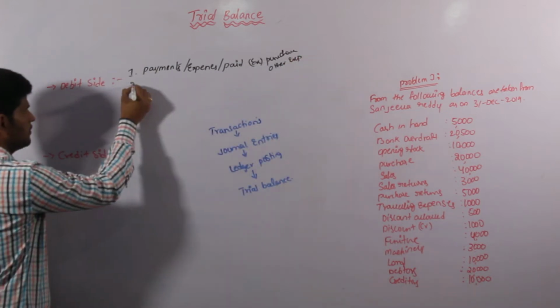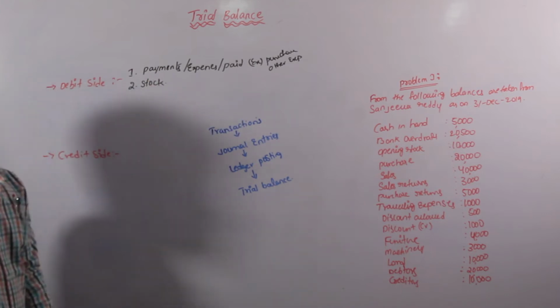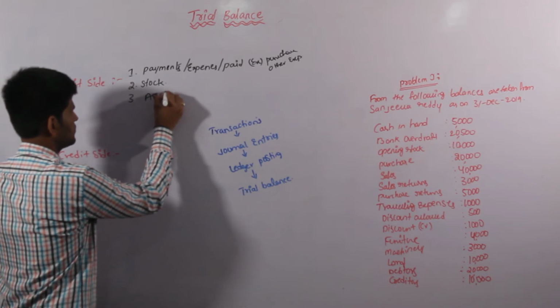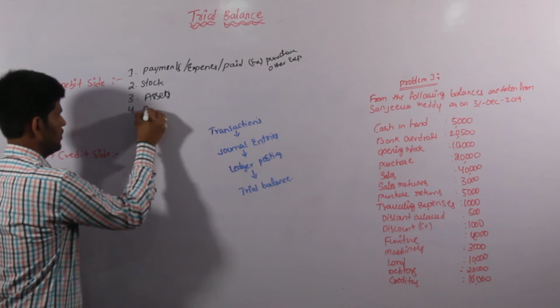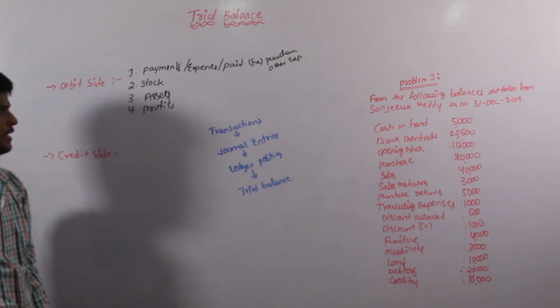The second one is stock. Stock will also be on the debit side. Next, assets. Assets also we have to enter, as well as losses. These all come under the debit side.